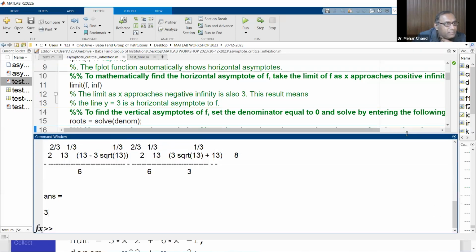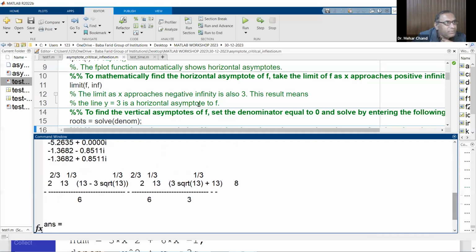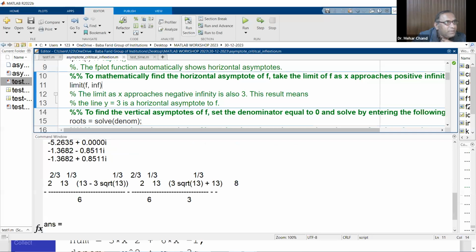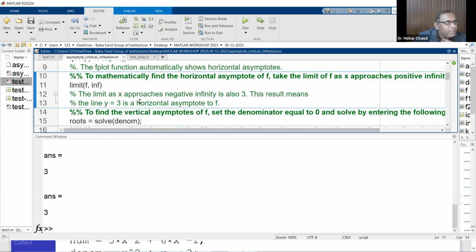Just 1 minute. Now first you run this section and we have 3. Then after we are running this section. The problem is that we have a semicolon at this place. That's why the value did not appear in MATLAB.